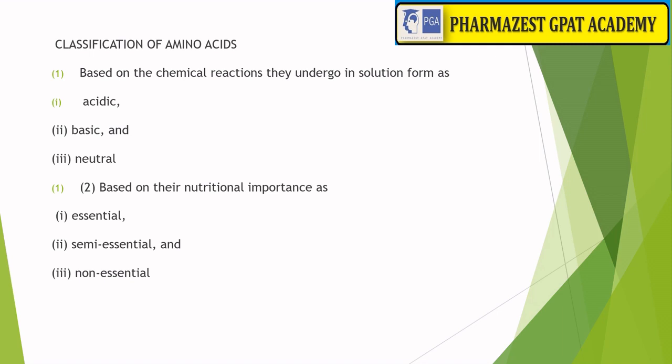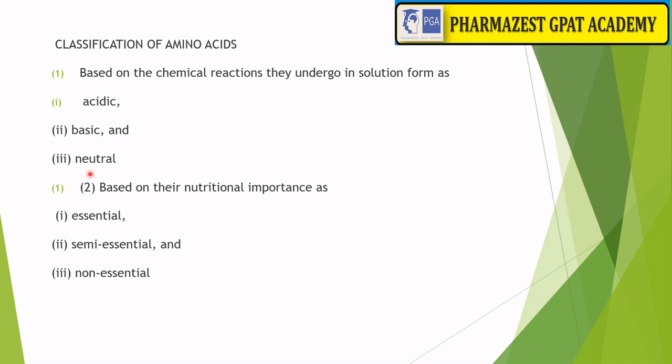Next, coming to classification of amino acids. Amino acids are classified based on different characteristic properties. The first one is based on the chemical reaction they undergo in a solution form.